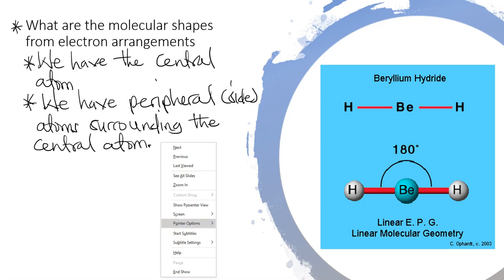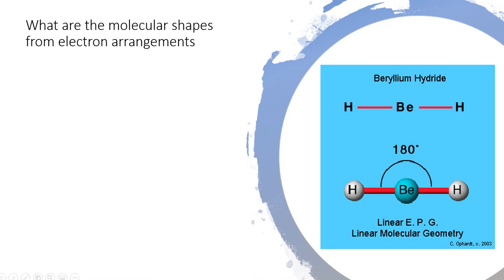So let's look at the example that we have here. This molecule is beryllium dihydride, BeH2.